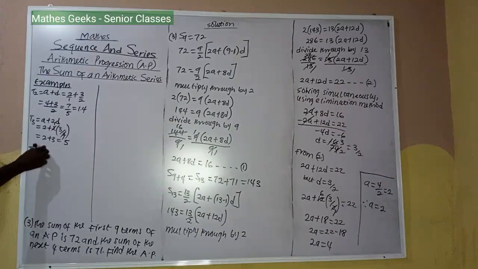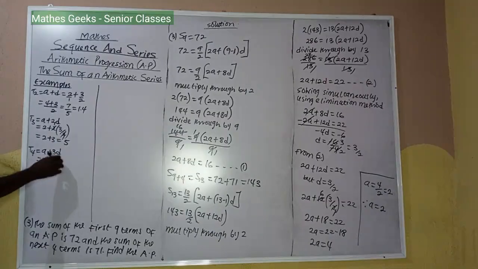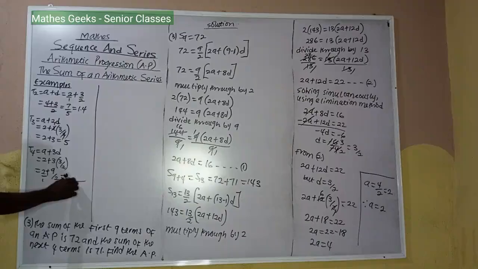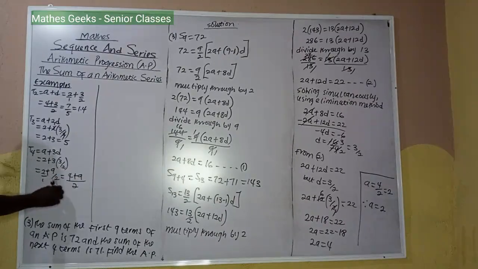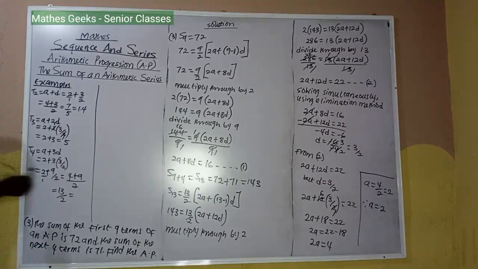T4 is A plus 3D. 2 plus 3 times 3 over 2, 2 plus 9 over 2. 9 over 2 over 1, the LCM is 2. 2 divided by 1 is 2, 2 times 2 is 4. 2 divided by 2 is 1, 1 times 9 is 9. That's 13 over 2. 13 divided by 2 is 6.5.